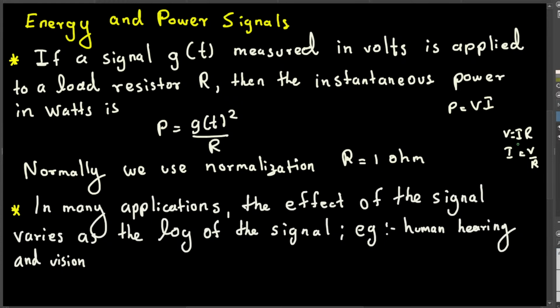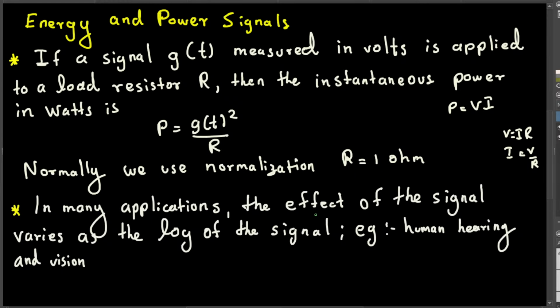That's the power equation, and this is Ohm's law: V is equal to IR. So if you rearrange, I is equal to V over R, and if you replace this, you will get this g(t) squared over R, where g(t) is the voltage. Normally we use normalization, R equal to 1 ohm.